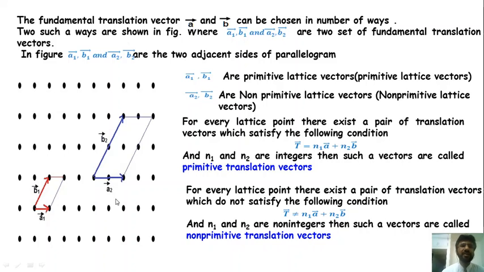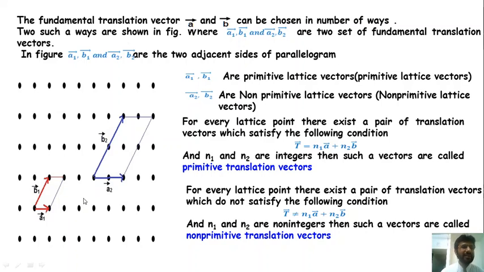Now in these figures, what happens here? This is vector A1 and vector B1. In the first lecture we have seen that the fundamental translation vectors can be used to generate a square array.